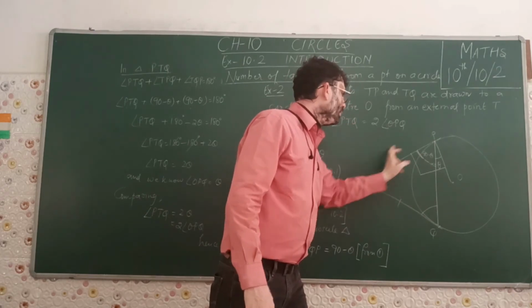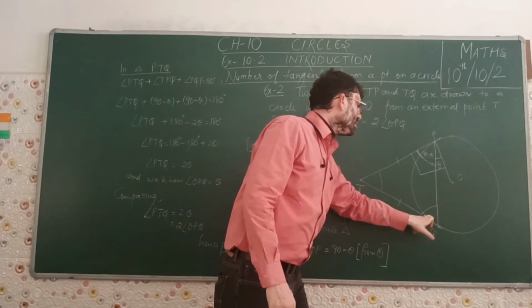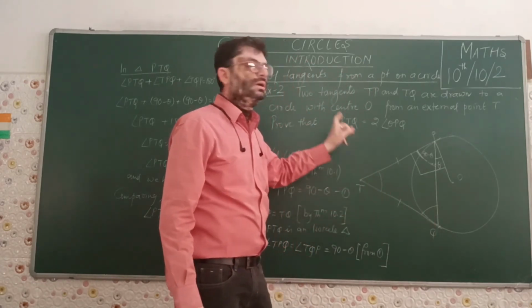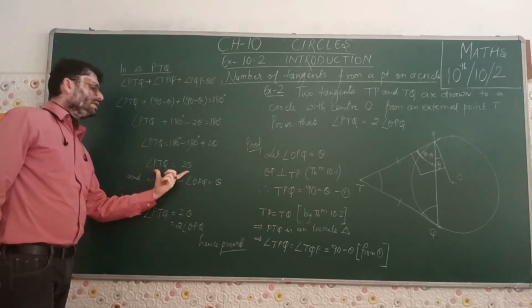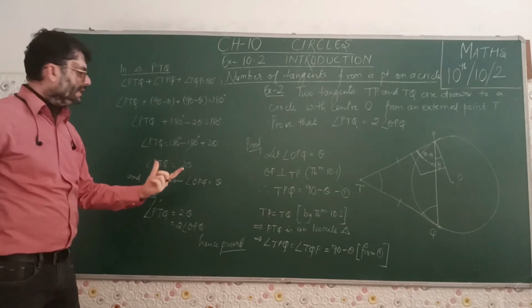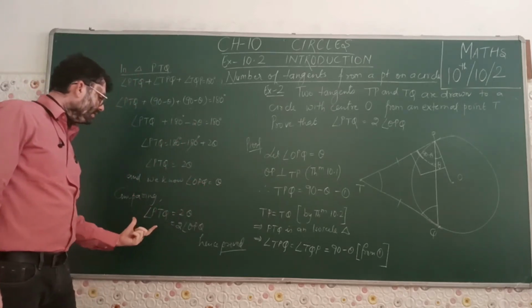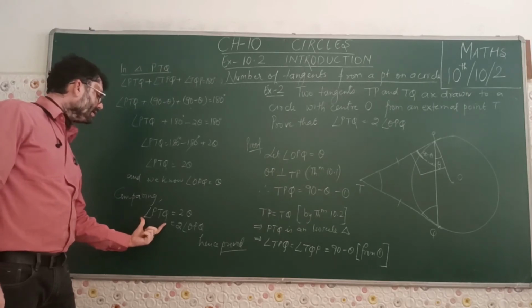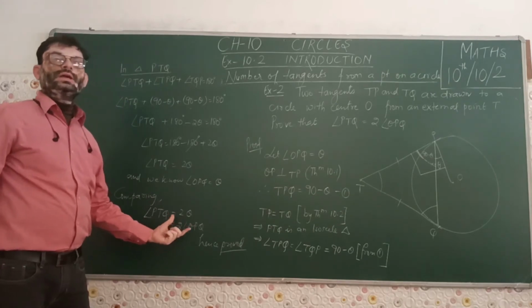Now if angle TPQ was 90 minus theta, then this is also 90 minus theta, and we just found out angle PTQ by the angle sum property of triangles, and we got that one as 2 theta, and that is double of the theta, double of the angle that we had assumed as theta, that was angle OPQ. Hence we compared and stated that angle PTQ is 2 times angle OPQ.